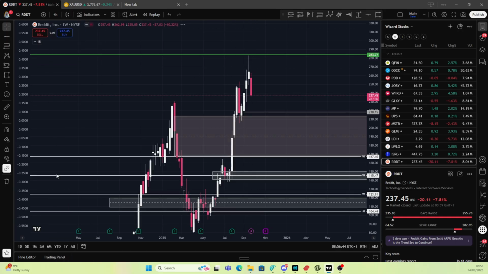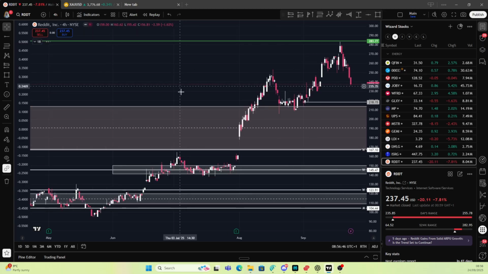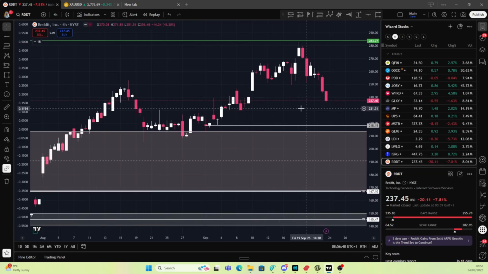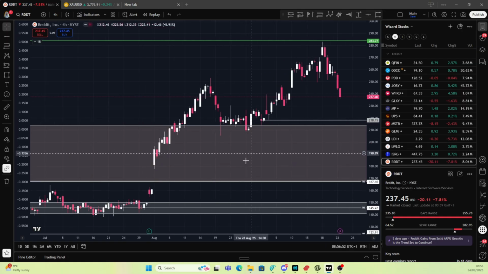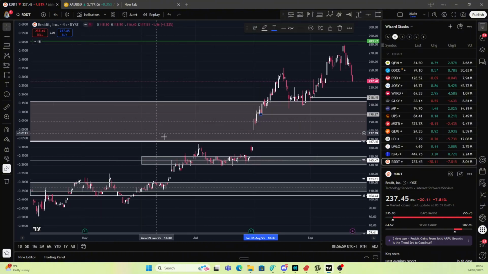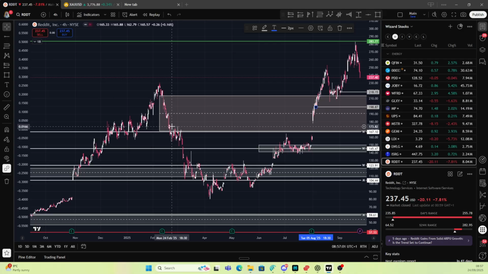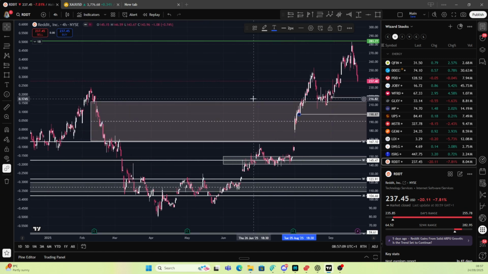But in terms of what we see, near-term perspective, you're probably looking at a retest here. If it doesn't hold, you've got a nice little level of potential support in here. Alternatively, you can see just how quickly price moves even on the 4 hour through this area. So definitely want to be careful.